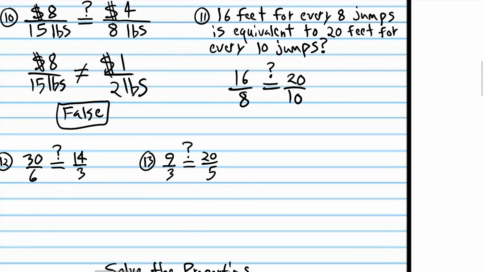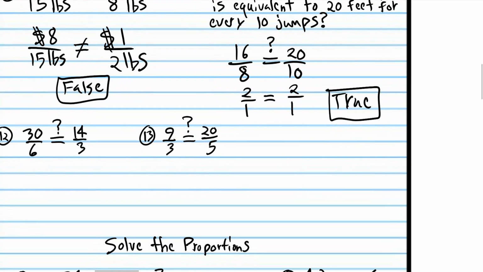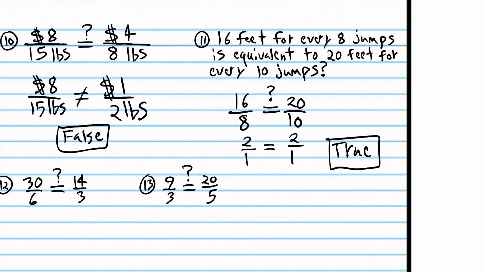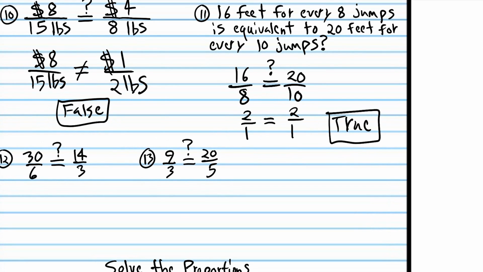So divide both sides of the fraction on the left by 8, and you get 2 over 1. Divide both sides of the fraction on the right by 10, and you get 2 over 1. And you can see that the proportion is true. So there you go. You can write proportions with sentences also.